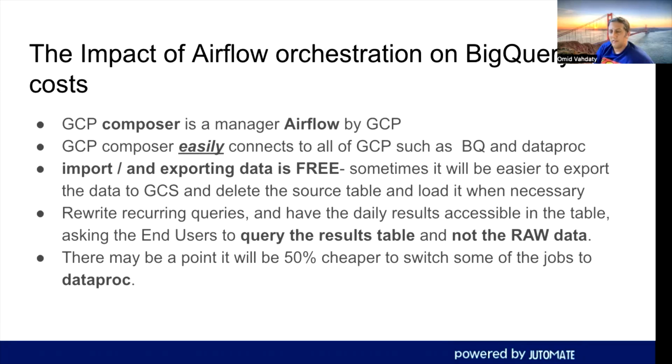And I saw that if I use Dataproc, I can apply transformation to the data and save up to 50% of the cost. Mind you, it was a very expensive daily job that at the end of the month was almost close to $1,000. So a 50% reduction is a $500 reduction on a month-over-month basis.